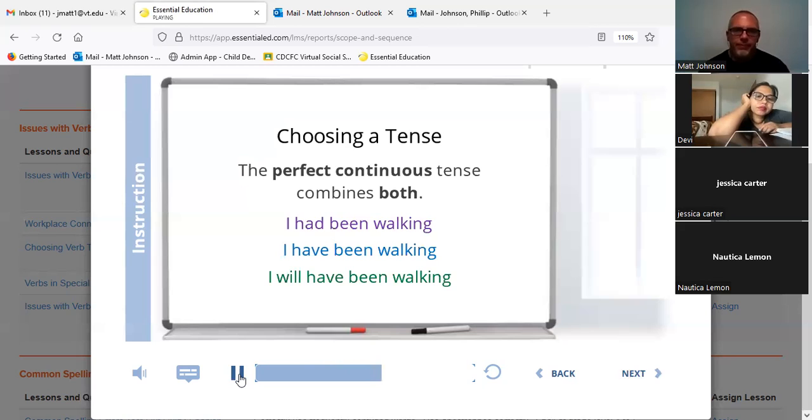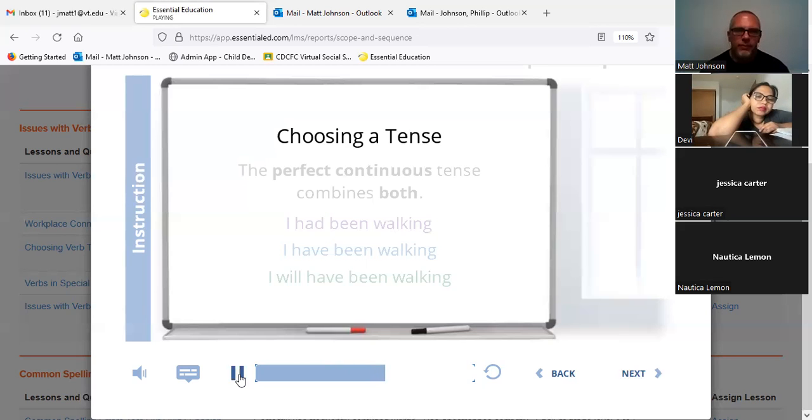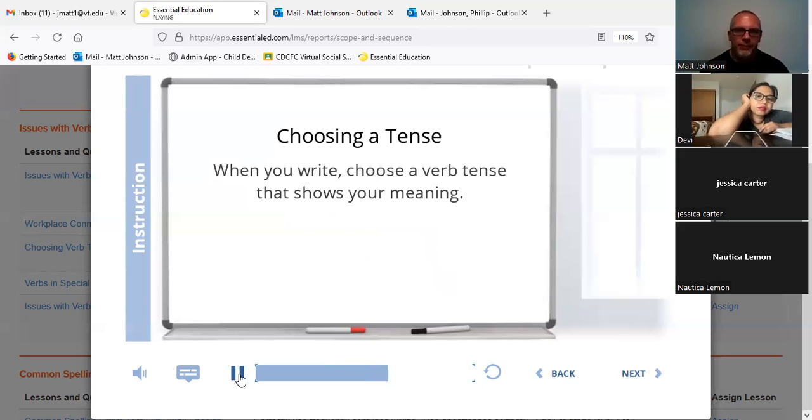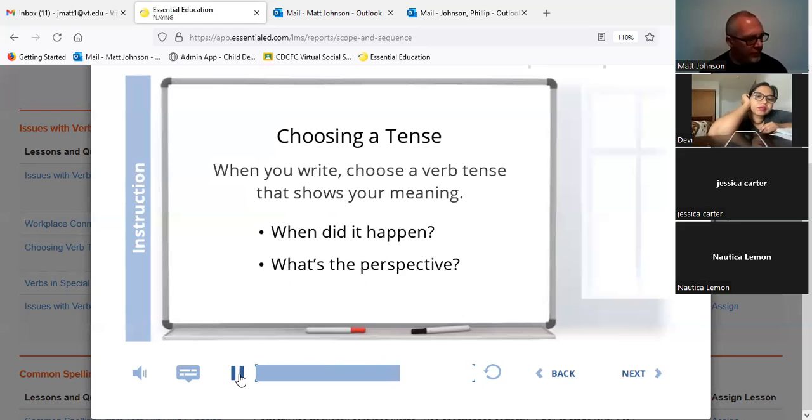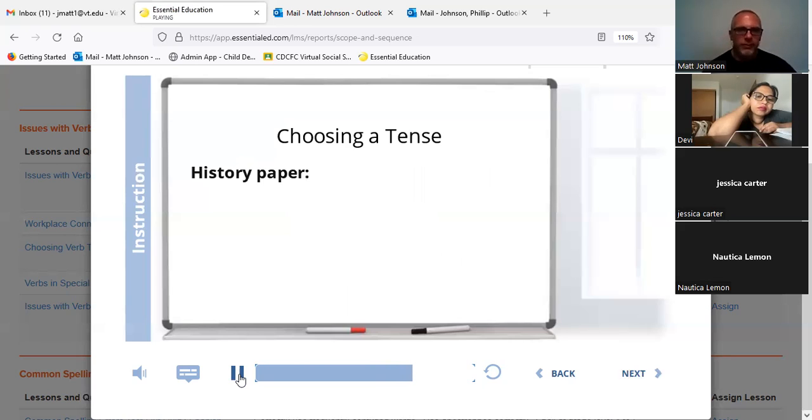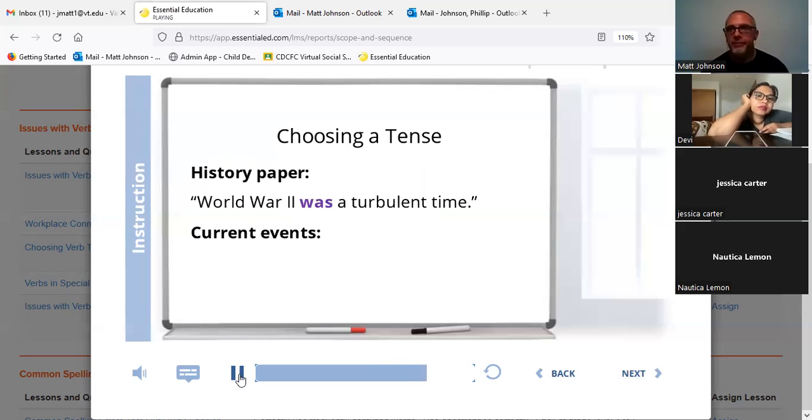When you write, you choose a verb tense that shows your meaning. When did what you're writing about happen? What perspective are you writing from? If you're writing a paper or formal essay, choose one tense as your main perspective. If I'm writing a paper about history, maybe I'd use the past tense, like World War II was a turbulent time. If I'm writing about current politics, then I'd use the present tense, like the Electoral College is an outdated idea.